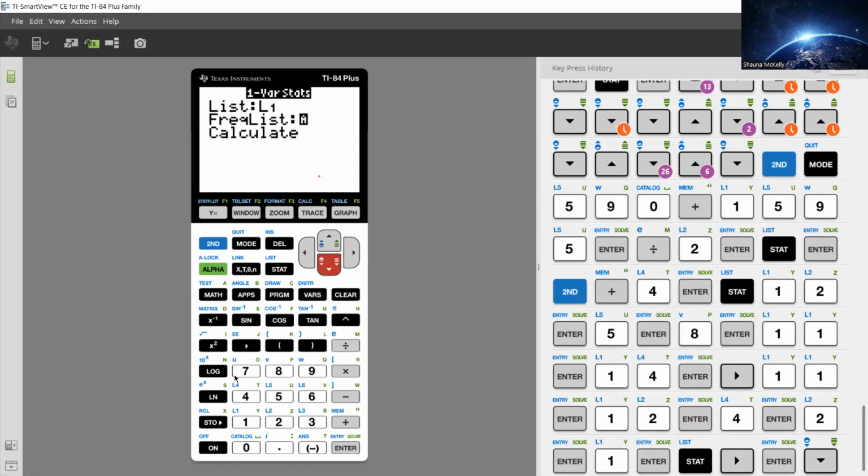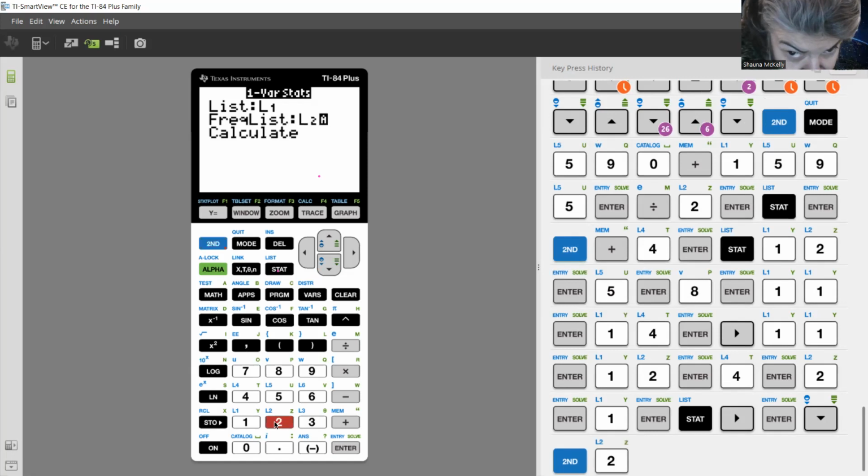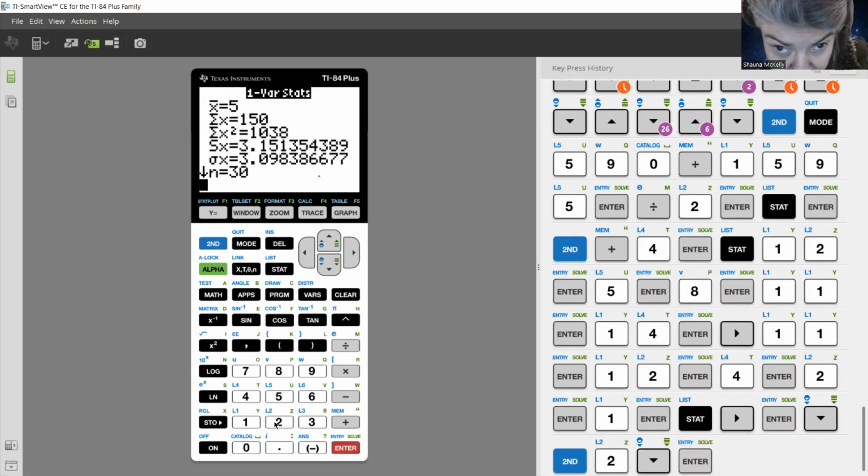Again, because L2 is on top of number 2, I'm going to go second, number 2 right here and calculate that. And if you look, you have a mean, you have a sum, you have a squared, whatever you have. Your mean here is the first element on your list. This is your X bar. So your mean here is 5. Okay, so 5 is the mean of this distribution.